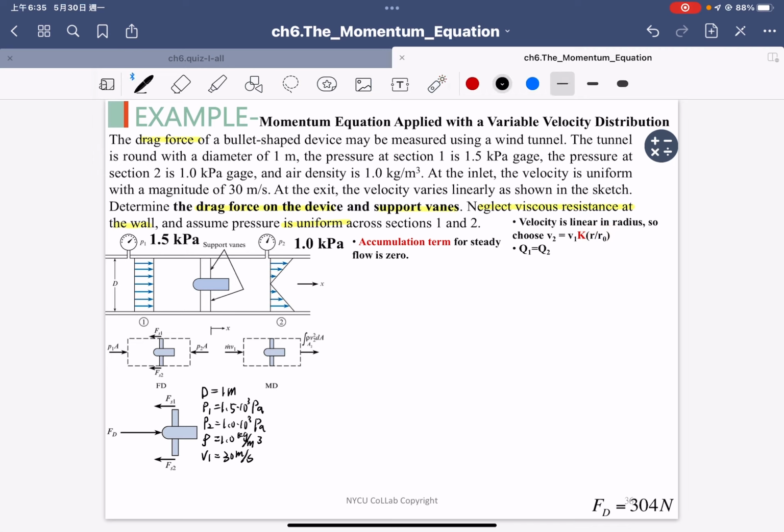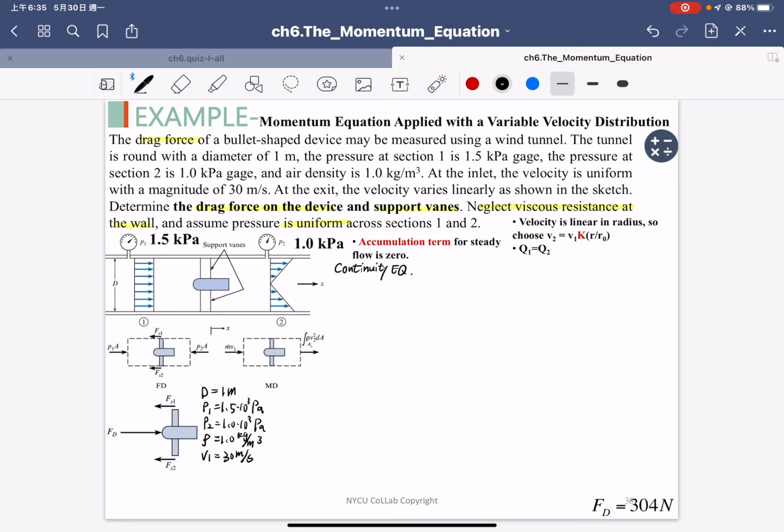First, we know that the problem satisfies the continuity equation, so Q1 is equal to Q2.